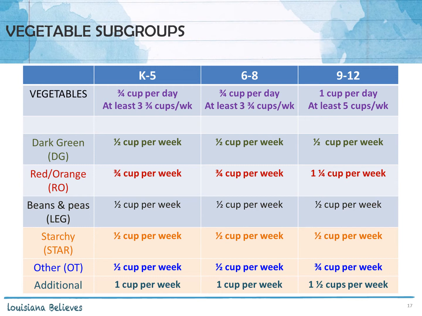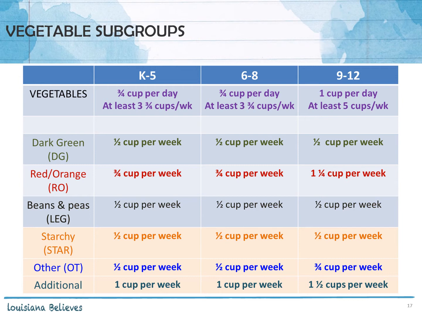Menu planners must adhere to both the daily minimum requirements for vegetables and the weekly minimum requirements for vegetable subgroups. The subgroups are dark green, red-orange, beans, peas, and legumes, starchy, other, and additional.